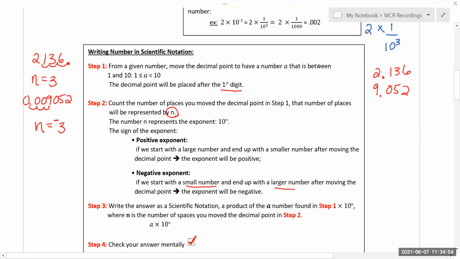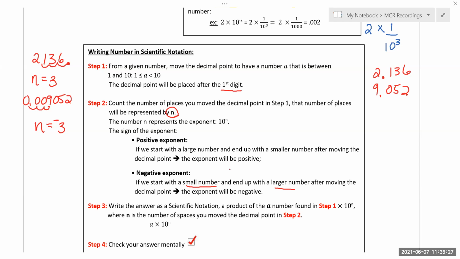But for the first one, I started with a big number and made it smaller, so n is going to be positive. So it just depends what you started with. In general, if you started with a number between 0 and 1, it's going to have a negative exponent. If it was bigger, it's going to have a positive exponent. So again, positive exponents are like multiplying, so the number gets bigger. Negative exponents are like dividing, so the number would get smaller.